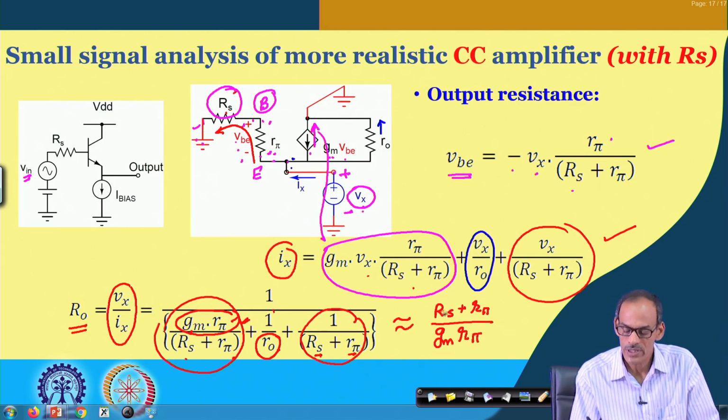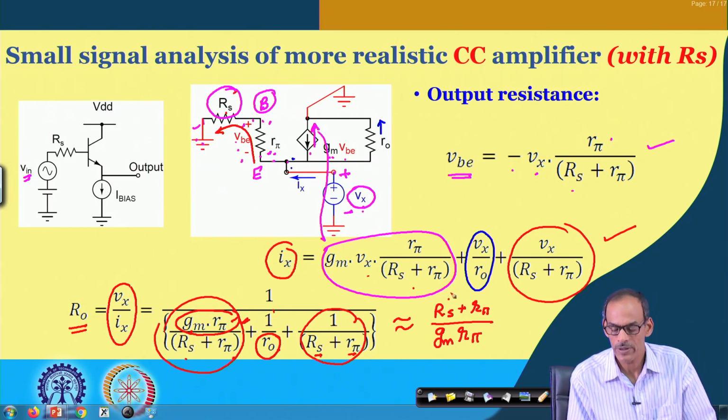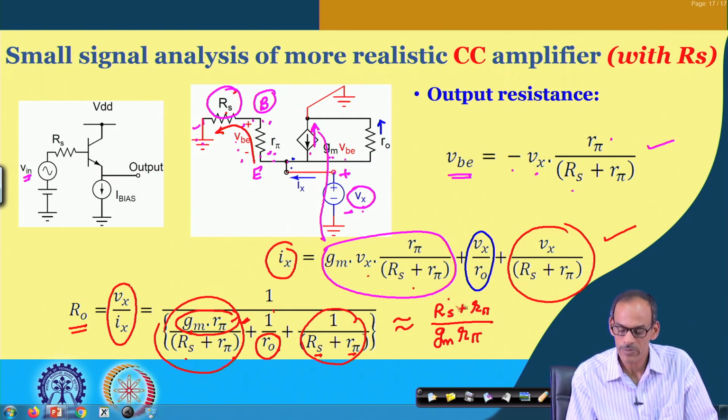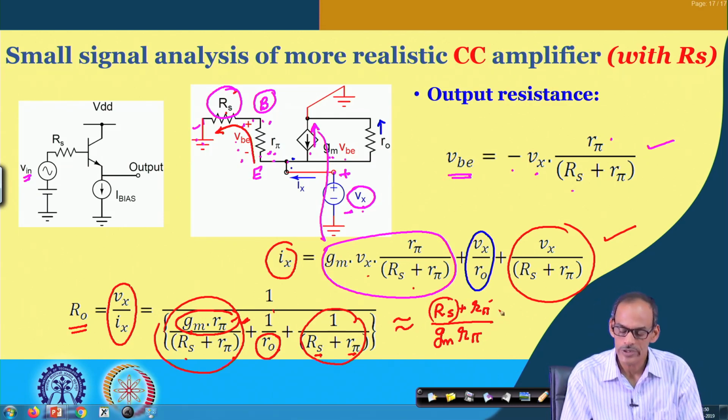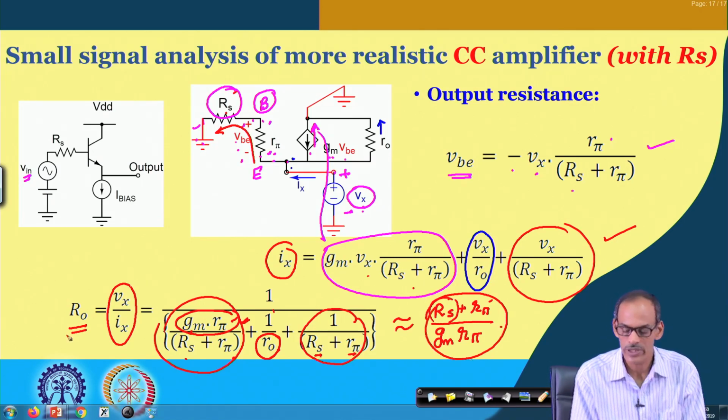Now, if R s is comparable with R pi, then it remains low. But if R s is very high, then of course we may not be able to approximate this by 1 by G m. So, depending on the relative value of R s and R pi, we can get the corresponding output resistance.